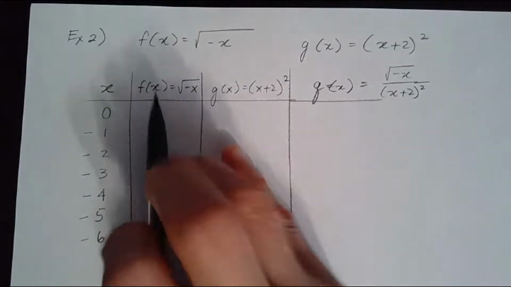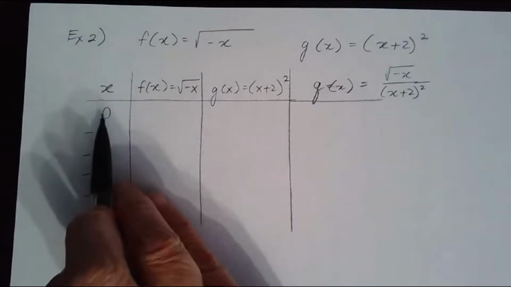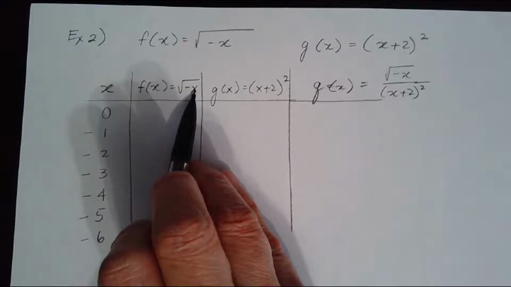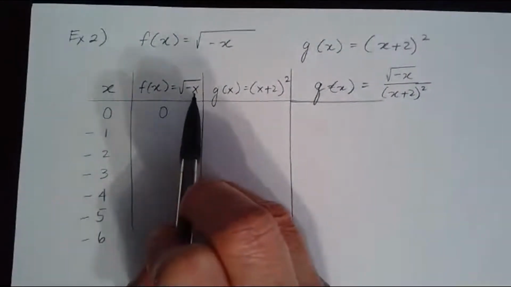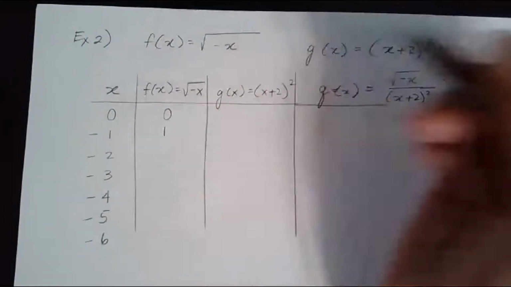So let's go ahead and figure out the values of f of x. If x is 0, f of 0 is the square root of negative times 0, which is 0. Now we're going to put negative 1. Square root of negative times negative 1 is a positive 1.